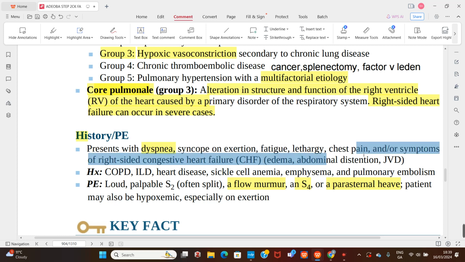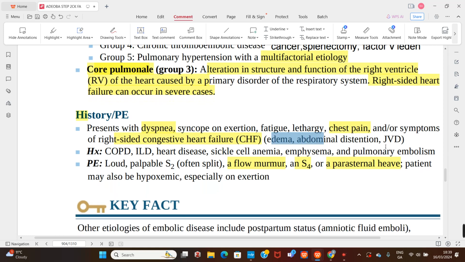Chest pain when there is cor pulmonale, usually from the right ventricular hypertrophy and the likes. So, and eventual congestive cardiac failure. These things we know very well, so they are not something we should waste much time on. And we know that the cor pulmonale leading to heart failure is going to affect the right side, presenting as elevated JVP, abdominal distension, hepatomegaly, pedal edema, and the likes.